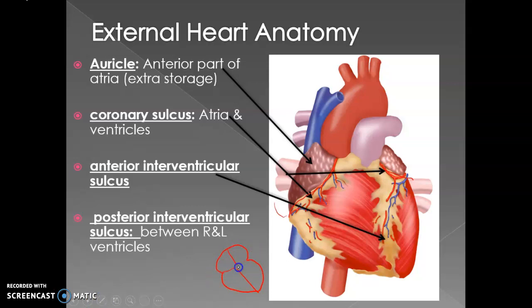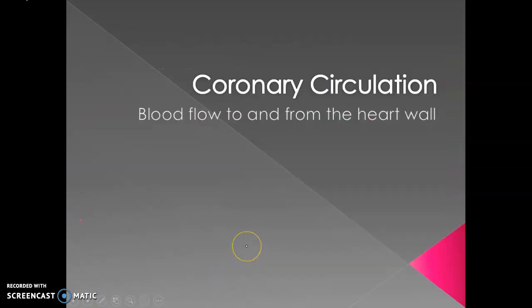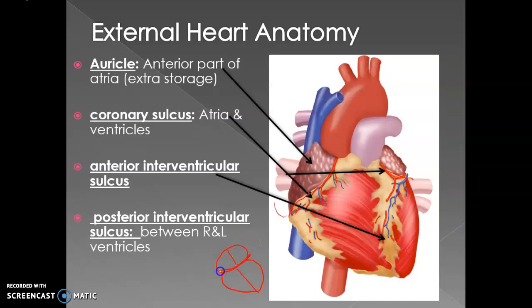Anyway, so this depression right here. Do you see there is a depression? And it kind of goes all over, right? It's in anterior, posterior, lateral. It separates the atria from the ventricles. This is the coronary sulcus. And then also we have the anterior interventricular sulcus.